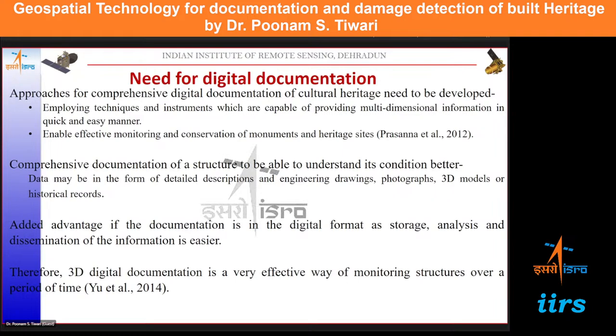These techniques enable effective monitoring and conservation of monuments and heritage sites. If the data is in digital format, then it is easier to store and analyze, and dissemination of the information is also very easy.